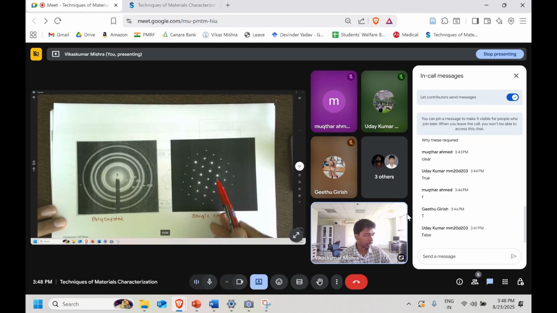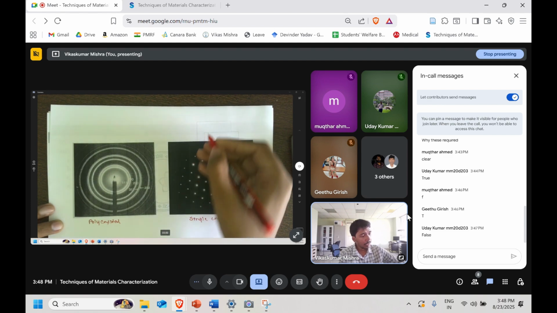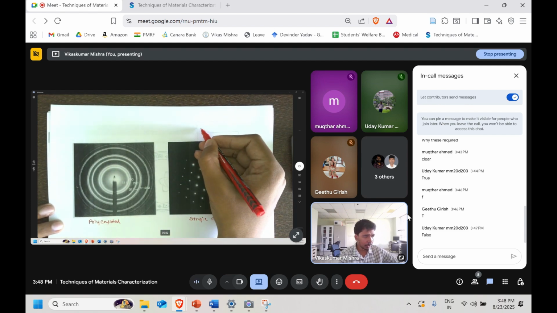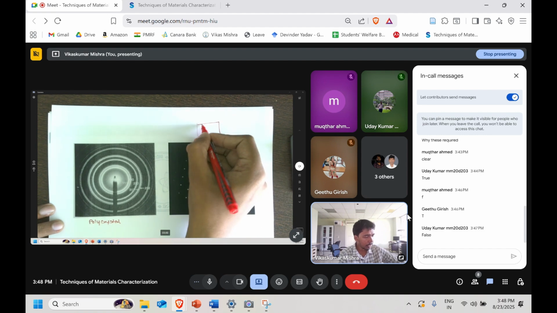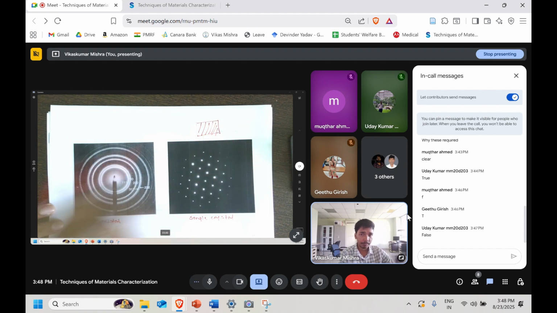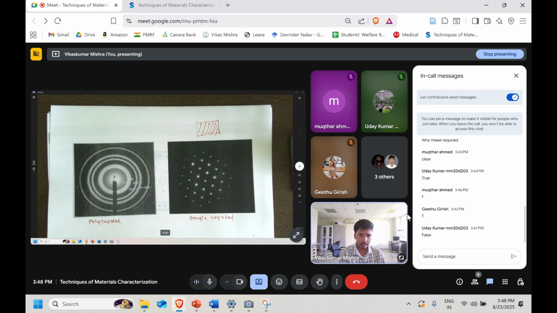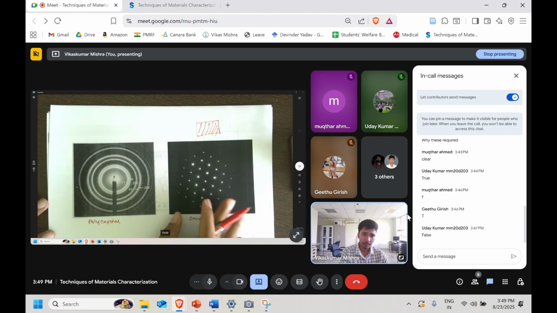In the single crystal, you are getting discrete diffraction points. Now, why is it happening? In the single crystal, a particular crystal has a particular orientation, so the grain is oriented in only one direction. If the diffraction condition is satisfied, only that particular grain goes for the diffraction phenomenon.